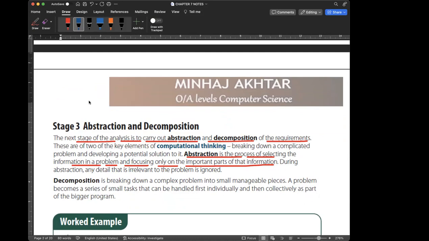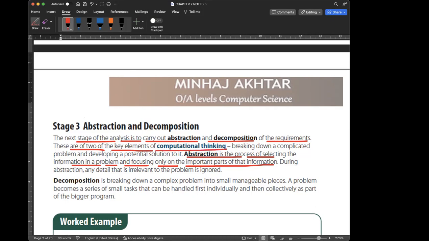So this is a stage of analysis. Any idea about abstraction and decomposition? Let me tell you. The next stage of the analysis is to carry out abstraction and decomposition of the requirement. These are two key elements of computational thinking.